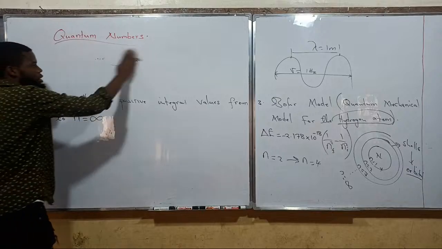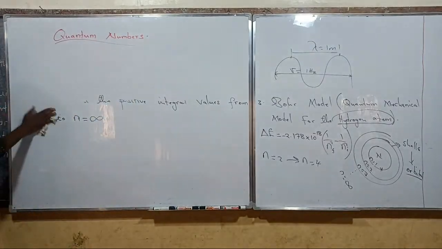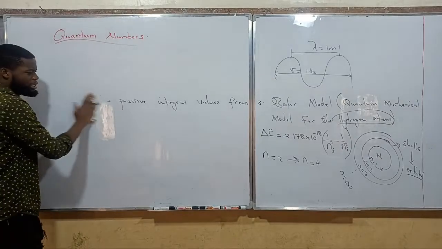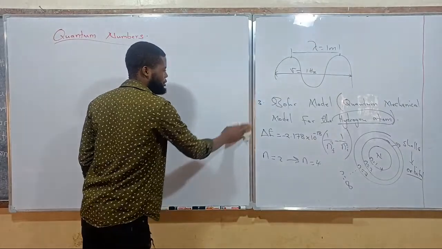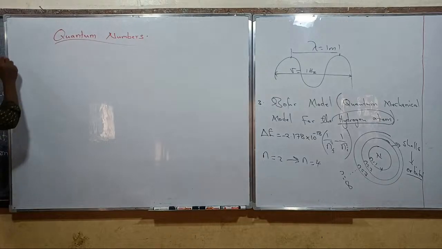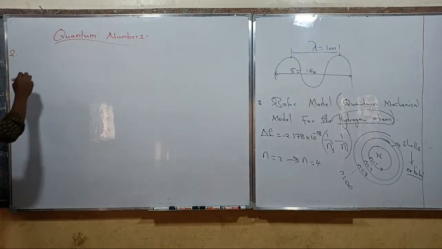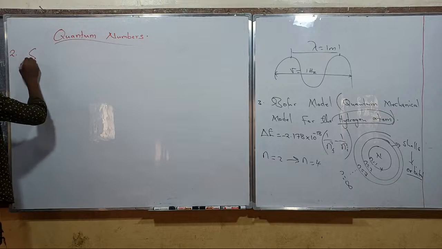The second quantum number is also known as the secondary quantum number.